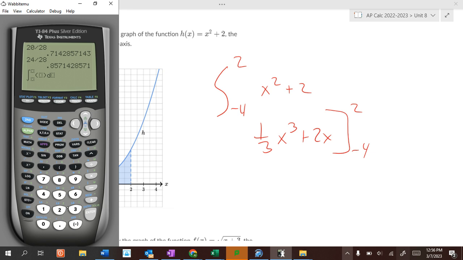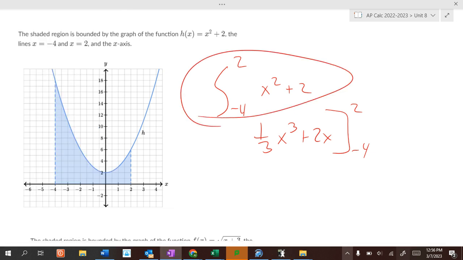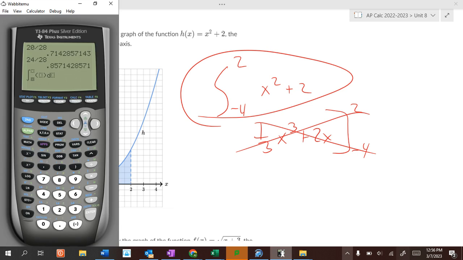So if we integrate, from negative 4 to 2 of x squared plus 2 dx.